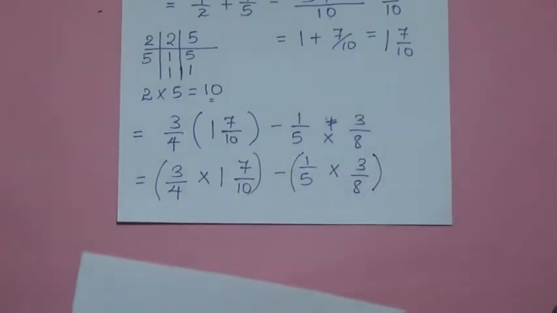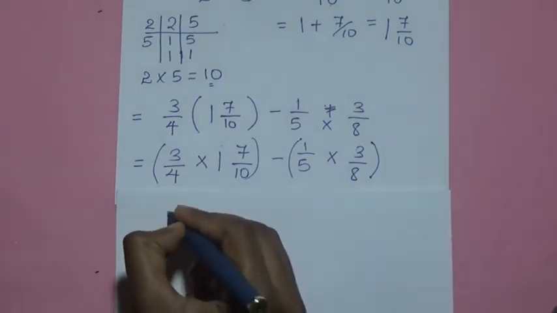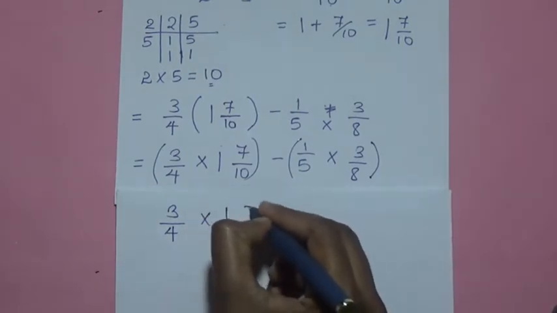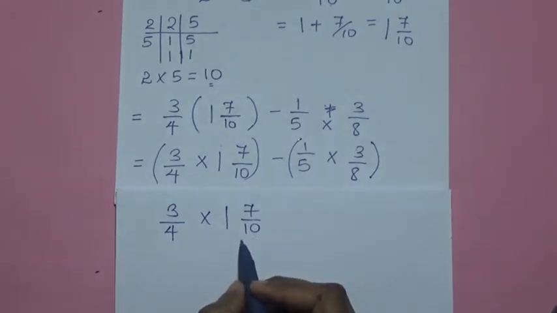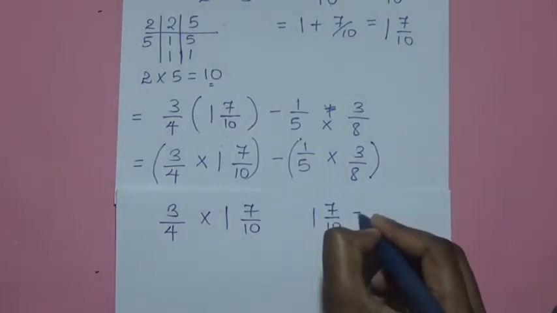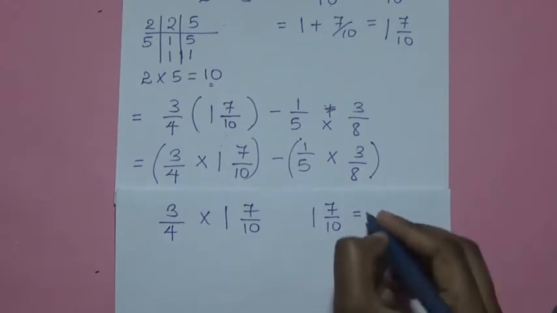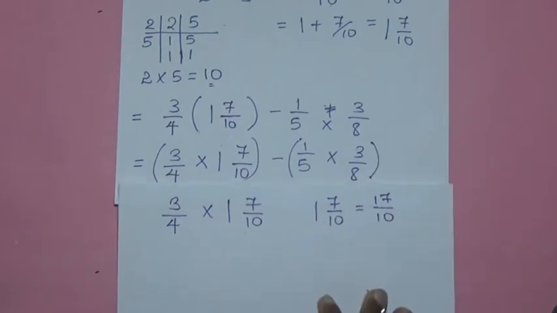Now let us start with the first one. We are going to start with 3 over 4 multiplied by 1 and 7 over 10. We need to change this mixed fraction into an improper fraction. So 1 and 7 over 10, as an improper fraction, will be 1 multiplied by 10 gives us 10, you add 7 gives us 17 over 10.